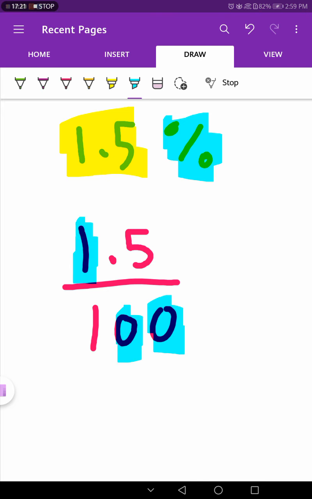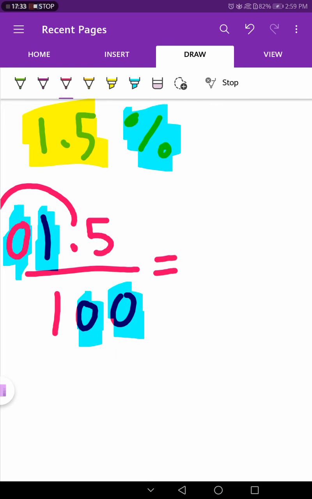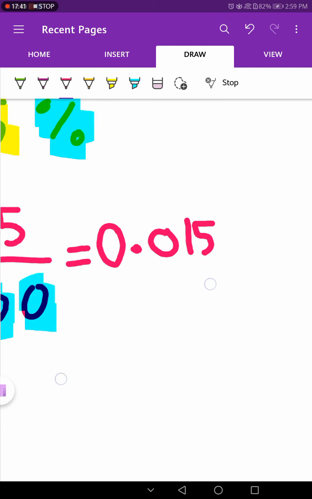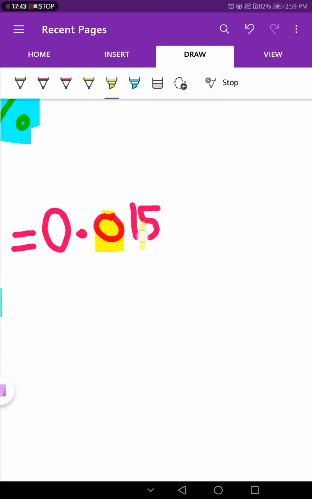So 1 step, 2 steps. In the empty one we add? Yes, we add 0. So move it here. It will be 0.015, and here 0 for decoration. Read it please. How many digits do we have after the decimal point? 3 digits. That means thousandths. So read the number normally, 15, then add thousandths. So it is 15 thousandths.